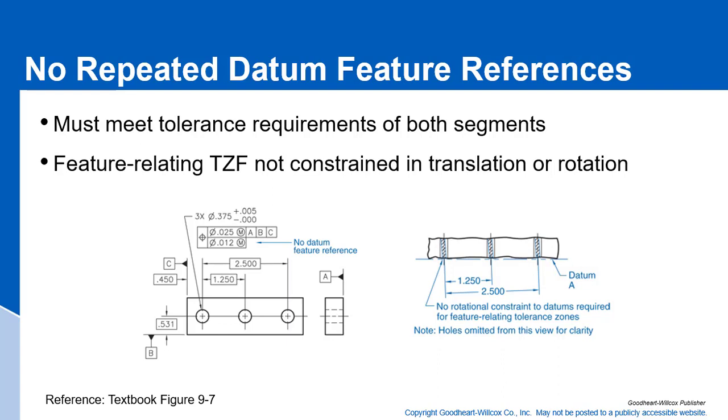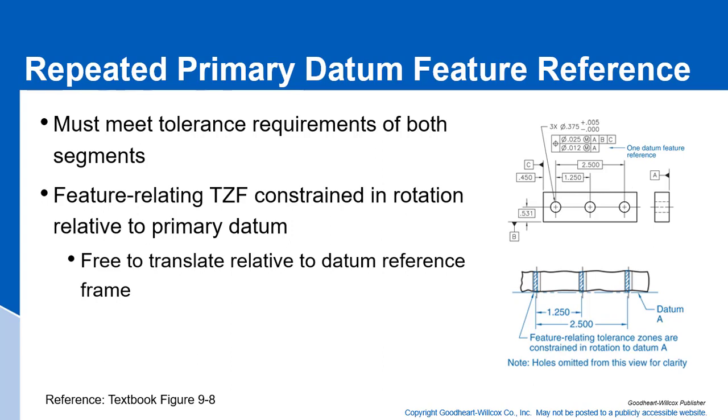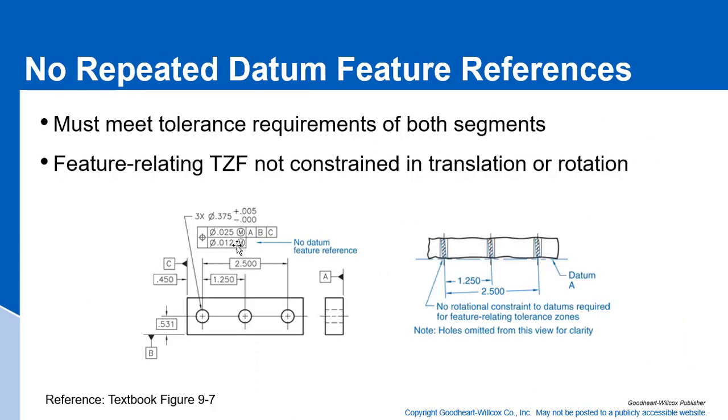It's typically something we really wouldn't do in reality. I think what we would do is probably more related to this, where we're using one datum in the feature related tolerance zone framework. What that does is allow us to square up our holes relative to datum A. So that's really what that means, and to me this is more practical than the previous example of not using the datum A here.